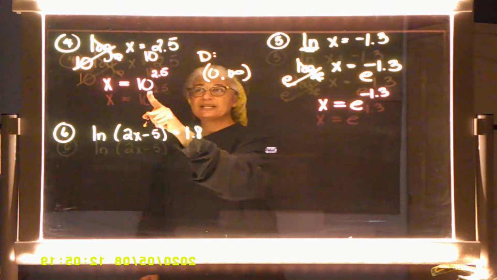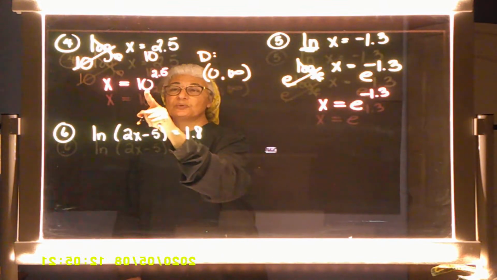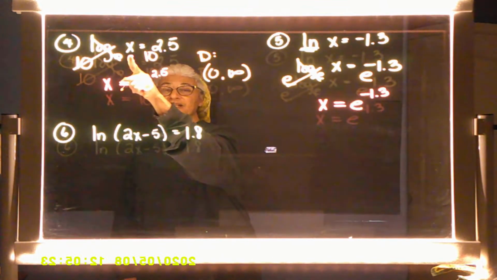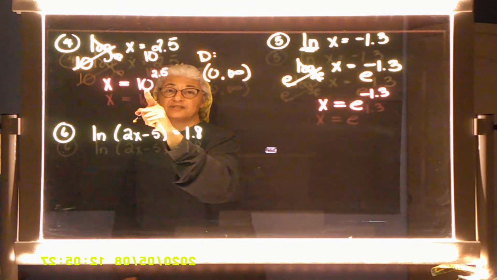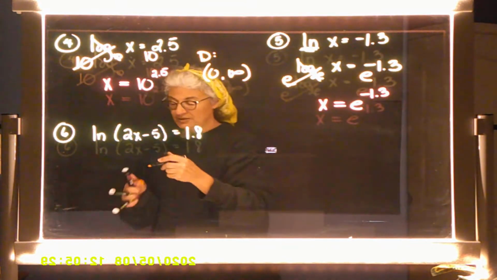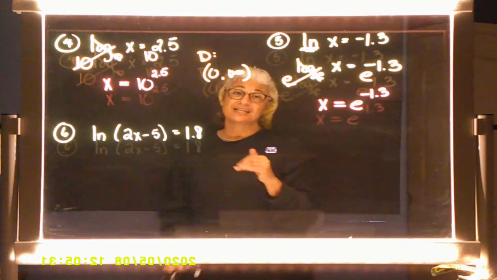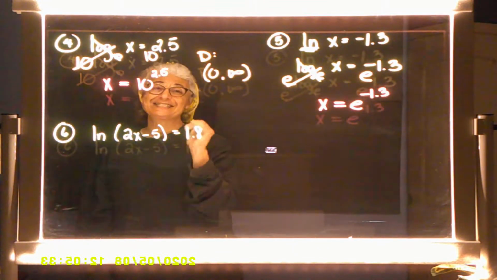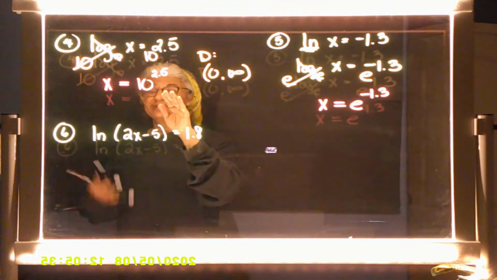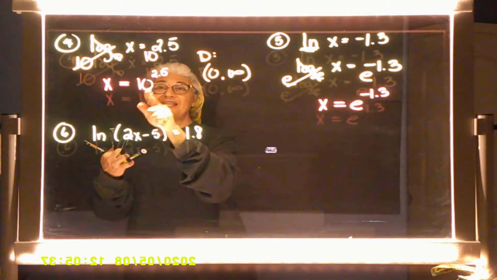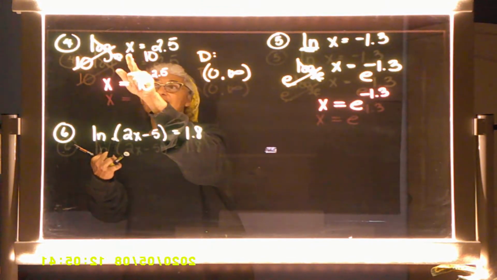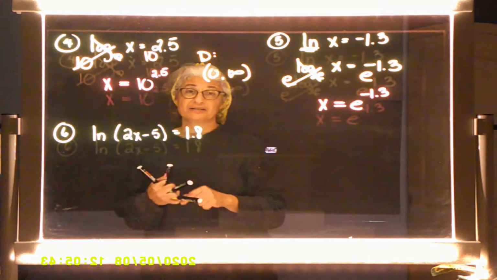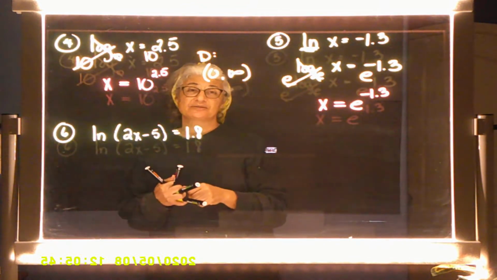Which means when we get our answer, we need to make certain that when we plug it in for x, we end up taking the log of a positive number. With me? We have to check these. In this case, I don't have a choice. I need to check them. I need to make certain that when I take this 10 to the 2.5 power and I plug it in for x, that I'm taking the log of a positive number. That's what I need to make certain of.